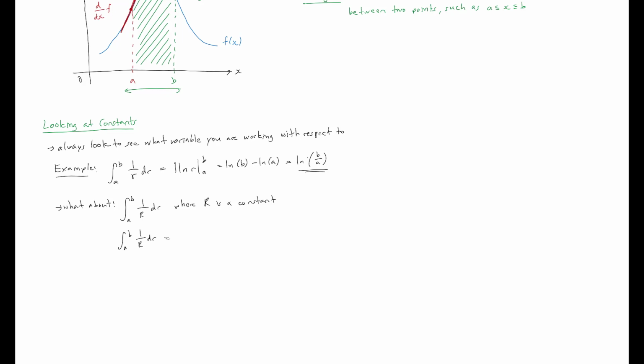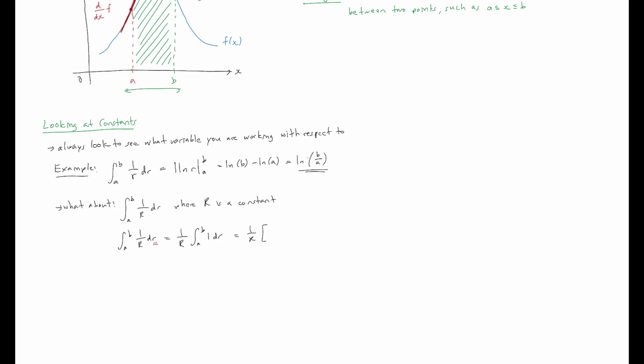When we're approaching integrals, I'm integrating with respect to little r, which means everything else that isn't a little r is going to be a constant in terms of the integral that I'm working with. So if there is a constant, such as capital R, I take that out of the integral, and what's left is simply the integral of 1 with respect to dr. So we have 1 over R. The integral of 1 is simply just the variable itself.